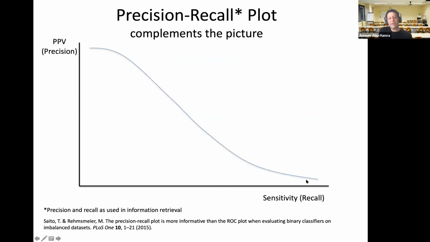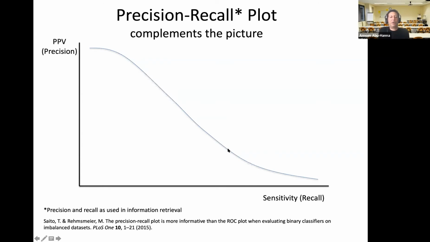If I increase my threshold all the way, I will be less sensitive. I will lose patients who really died, but of those I suspect, the proportion of those who died will be higher. The PPV will be higher here, and this is the interplay across all the thresholds that you can do, just like you did with the AUC.